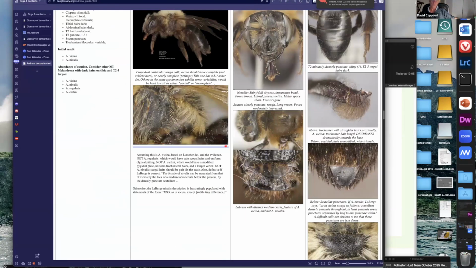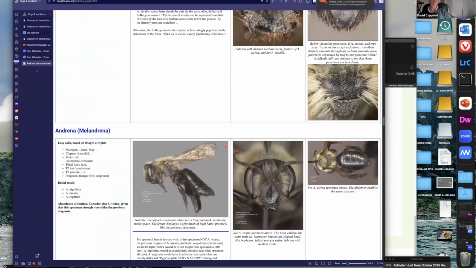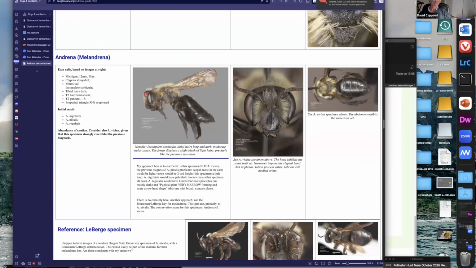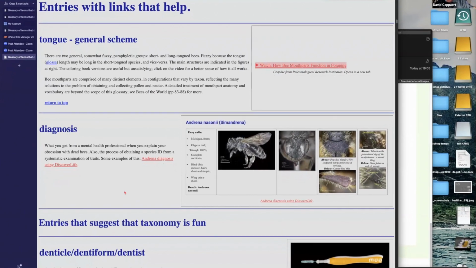And so this is another thing that I made where I'm trying to show the process of determining what some of the trait conditions are and running it through a key and getting some possible candidates, and then looking at close-up photographs to figure out whether the things that you found in the key are actually a match for what you're looking at. So it just walks through that idea of how you do diagnosis.